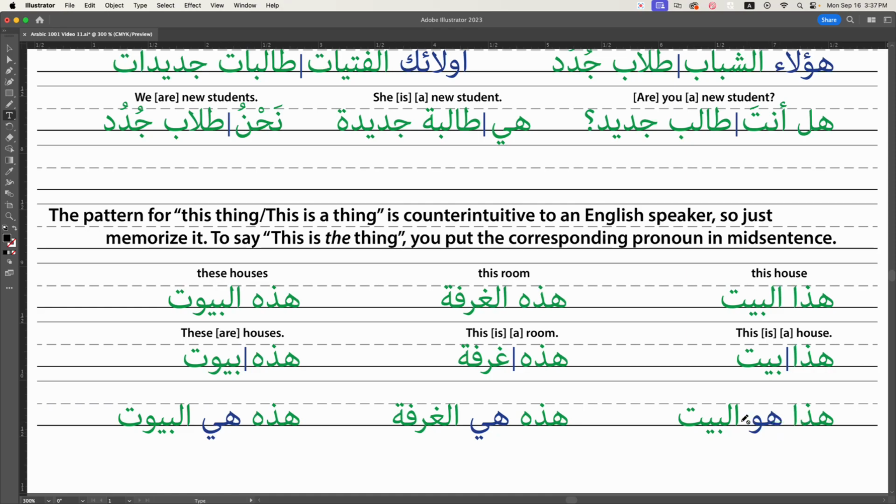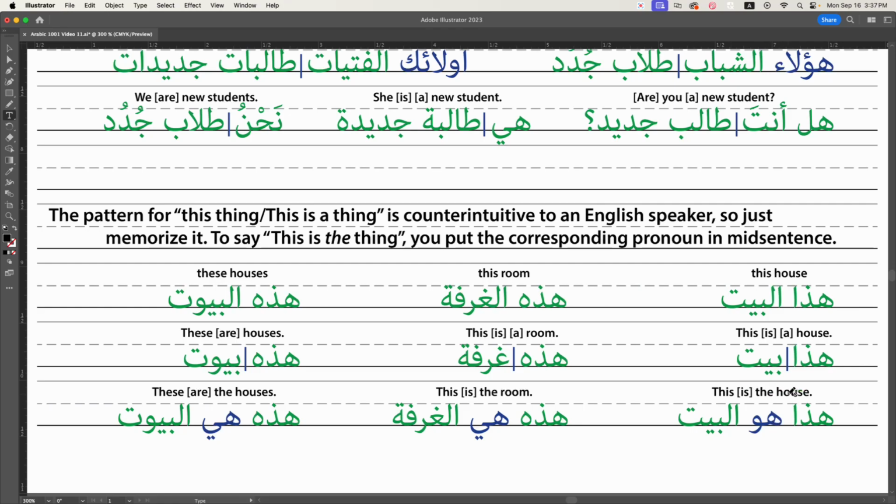So هذا هو البيت. This is it, the house. هذه هي الغرفة. This is it, only it's feminine it here, the room, because we don't actually have an it. And then هذه هي البيوت. In Arabic, we have to say this is her, the houses. In English, we'd say this is them, the houses, or these are them, the houses, or these are the houses.